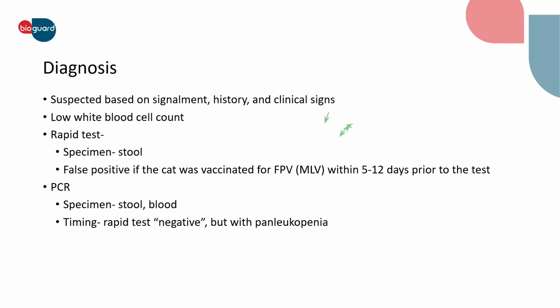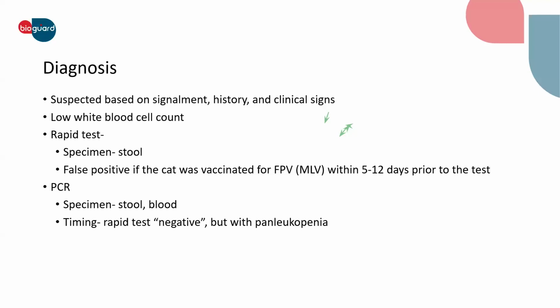Most clinics may also use the rapid test with a stool sample to detect FPV infection. However, sometimes false positive results may occur, which should be noted, if the cat was vaccinated with the FPV modified live vaccine within 5 to 12 days prior to the test.